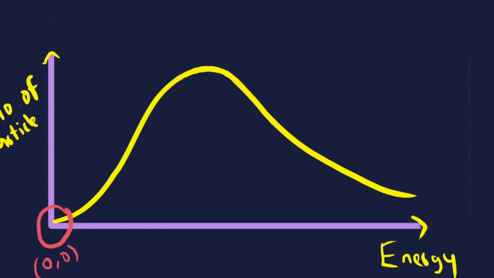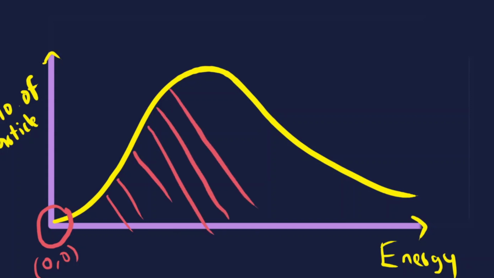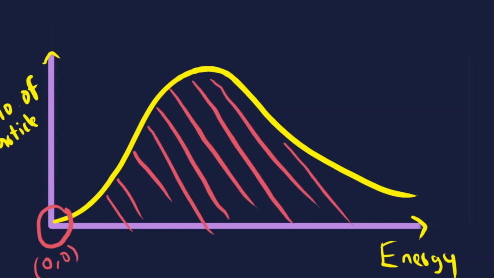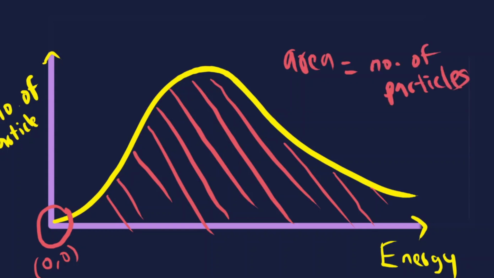And another thing to remember is that the whole area under this curve represents the number of particles in the system. This is what your exam board and the test expects you to know.